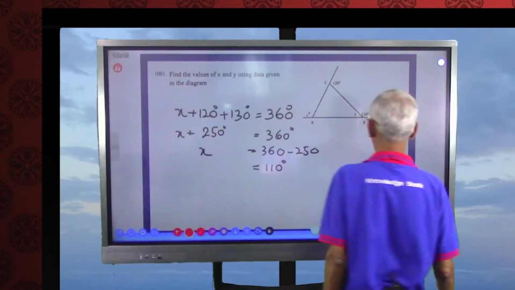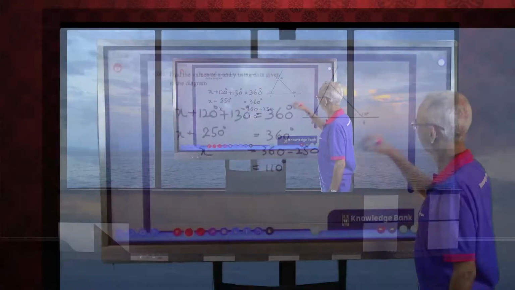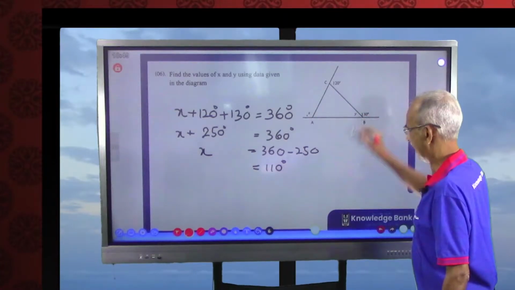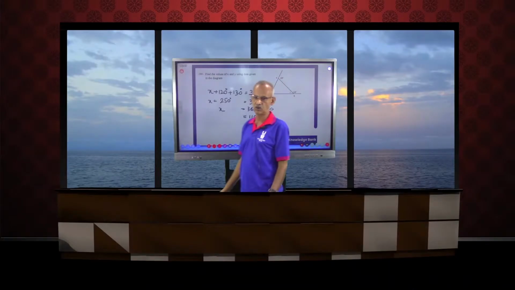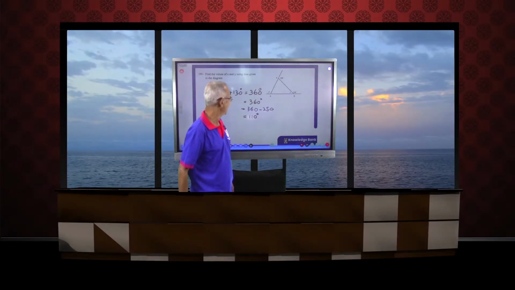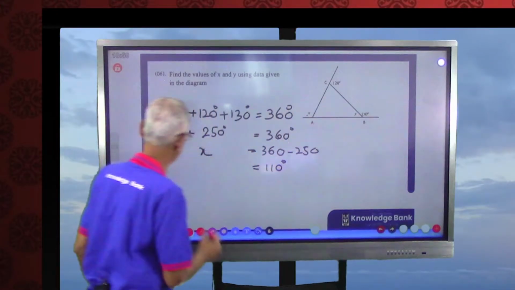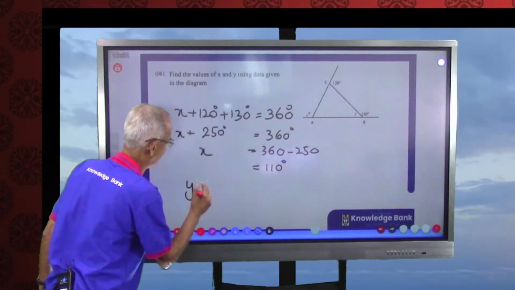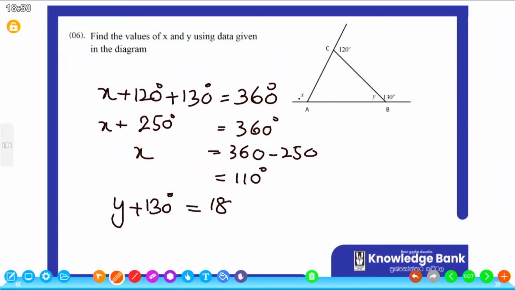Then the next one, we have to find the angle y here. See this y? These two are on a straight line. Angles on a straight line add up to 180 degrees. Then we can write y plus 130 is equal to 180 degrees.